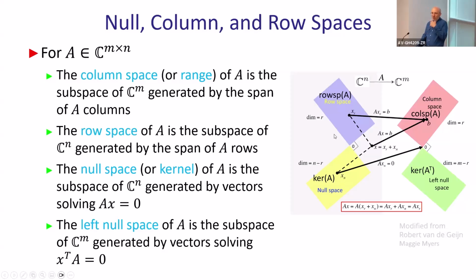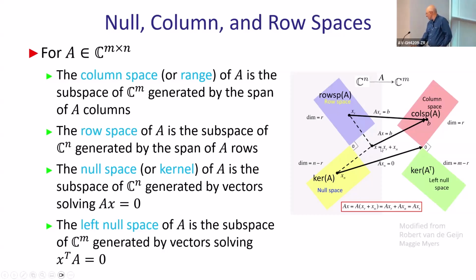So it should be some sort of combination of them, so that you can represent any vector. So you can say that x equals x from row space, xr, plus x from null space, xn. You can write that as just the sum of these two vectors from here or from there, all right? So this is what these dotted lines mean. Okay, so you can write that one as a combination of row space and kernel space.